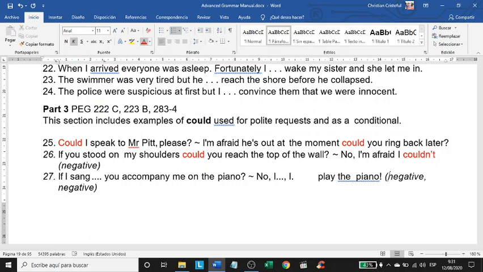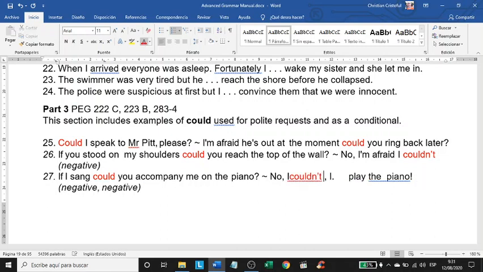If I sang, could you accompany me on the piano? This is if. It's a conditional sentence. If I sang, could you accompany me on the piano? No, I couldn't. I can't play the piano.